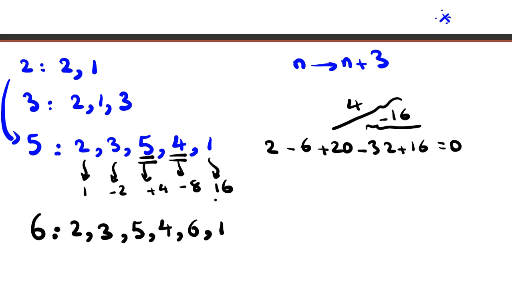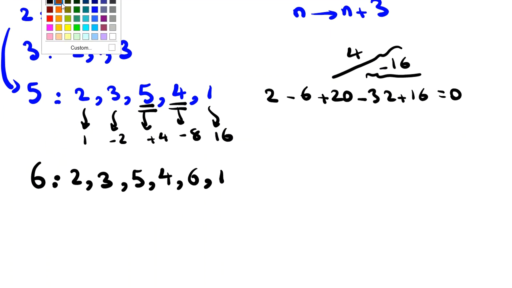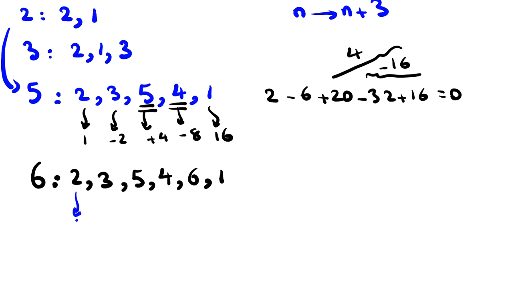So if we multiply, let me write with blue, this one by 1, this one by -2, this one by 4, this one by -8, 16, and 32. So let's consider this, and then we prove for general variable n.